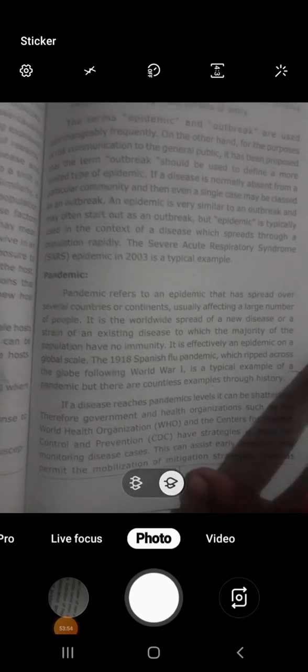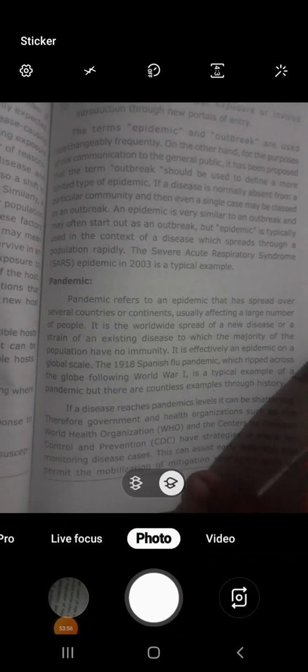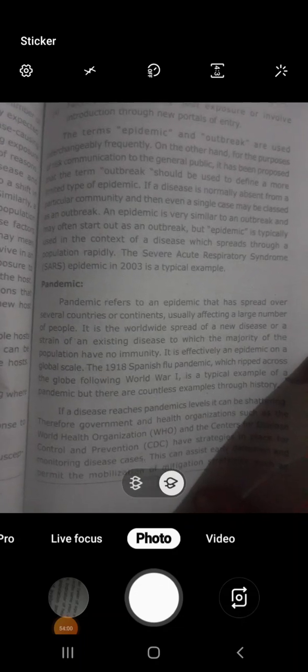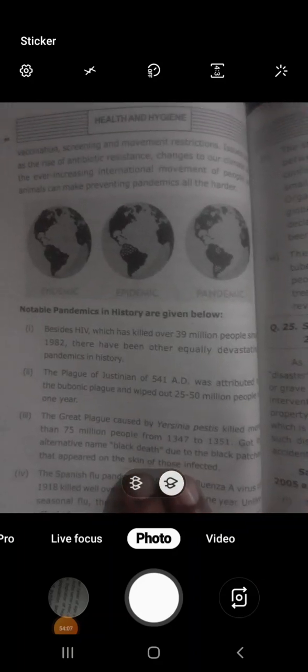A pandemic is a spread across continents, of a new type of disease which is coming, mainly flu we can say. So these are epidemics and this is pandemic.